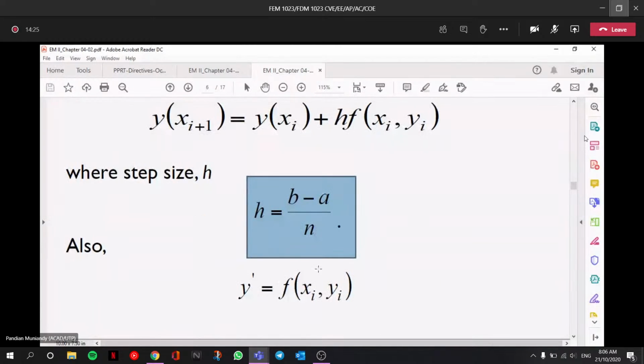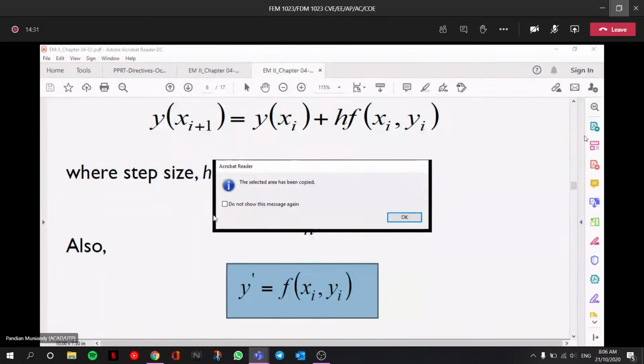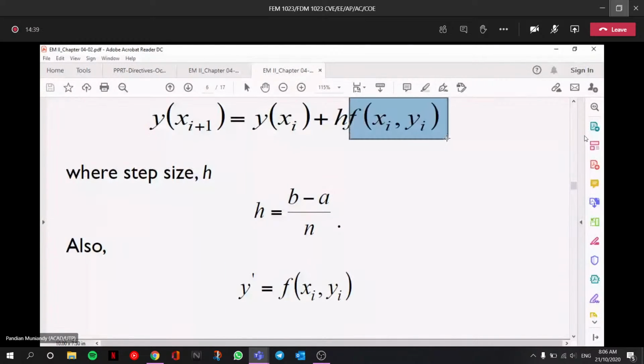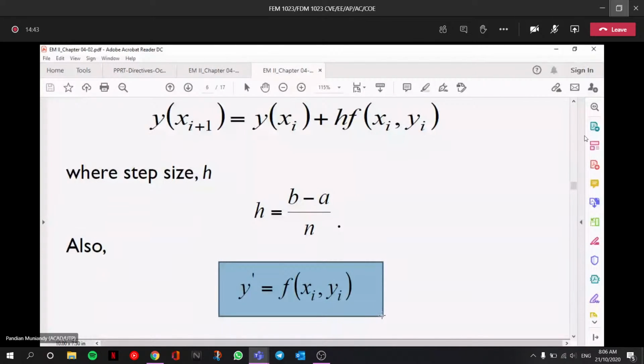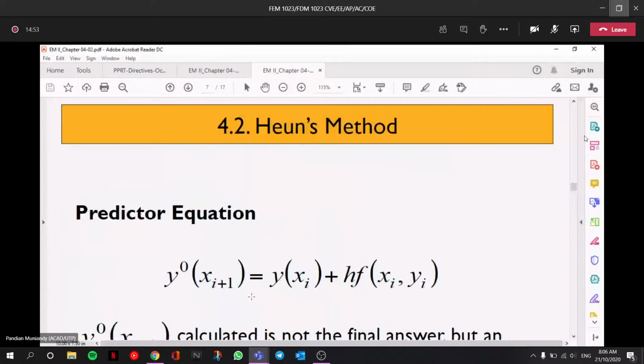So what is f(x_i, y_i)? It is called y dash. This f(x_i, y_i) is equivalent to y dash, and you must get it from dy/dx. So this is Euler's method.